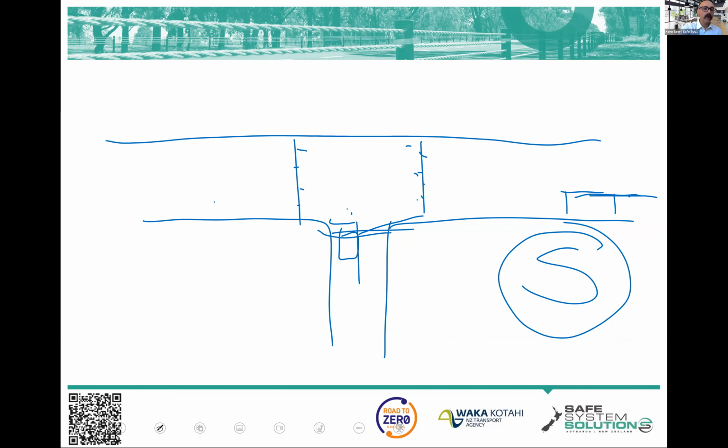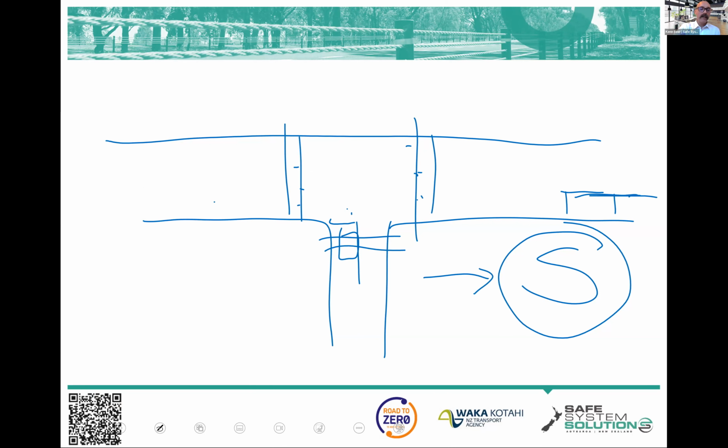So at this location, that would be a primary treatment. You think about where you're going to push vehicles to. But signalizing this, signals, is a supporting treatment again, because we know people will run the red light. Okay.